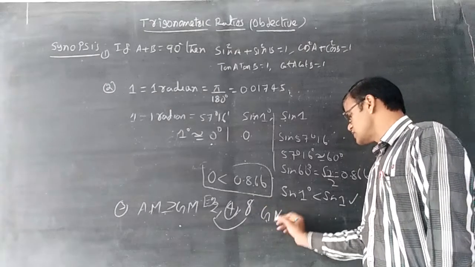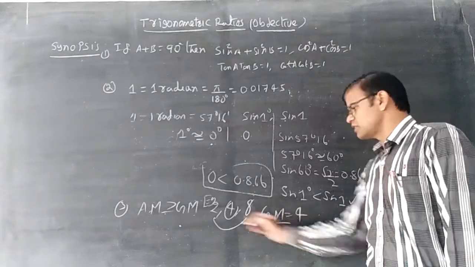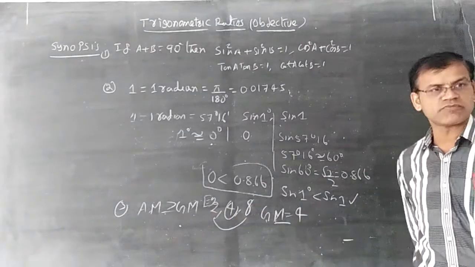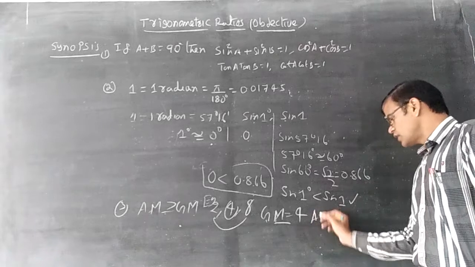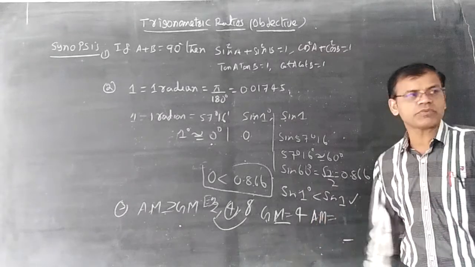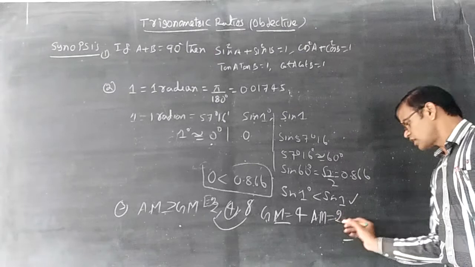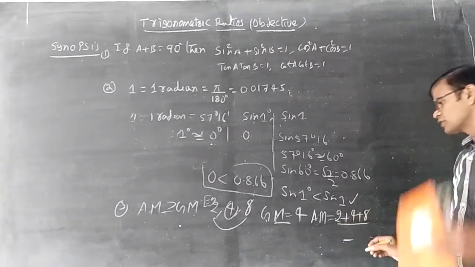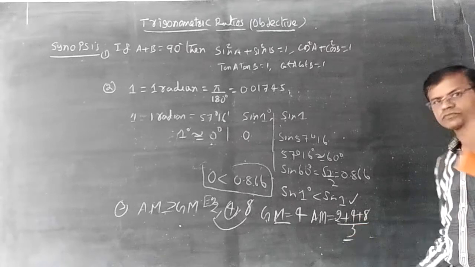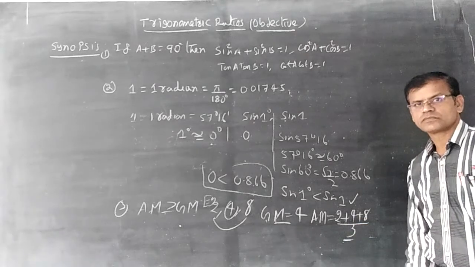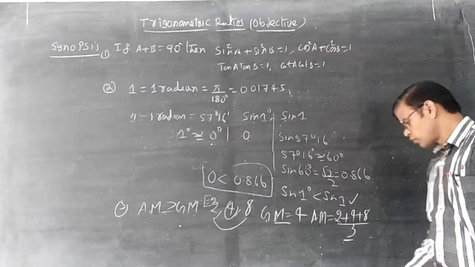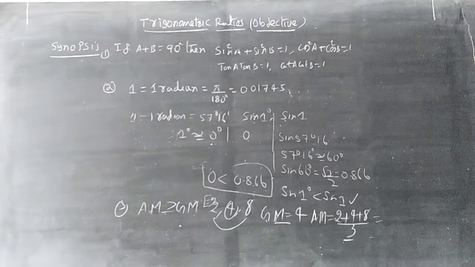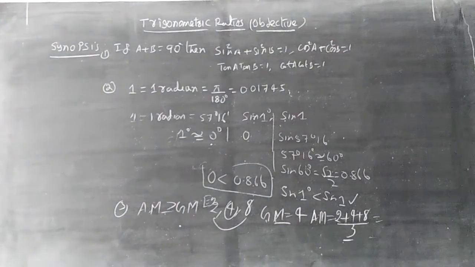GM you can say is the geometric mean between the two terms. If 2, 4, 8 are in GP, GM is 4. So what is AM? AM is nothing but total components by number of components. Total components 2 plus 4 plus 8 by 3 here. What is the value of 2 plus 4 plus 8?